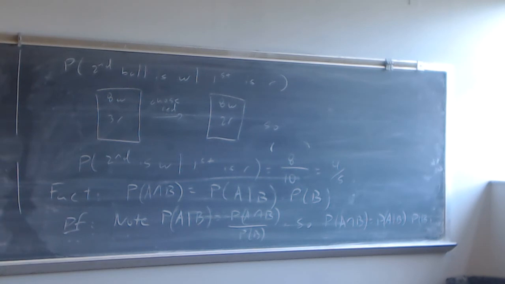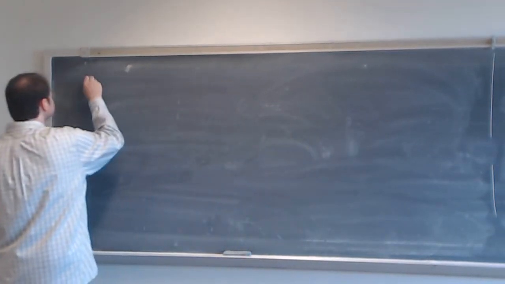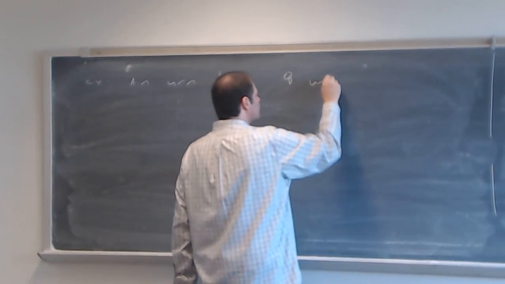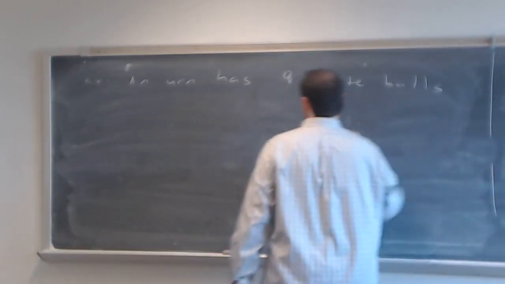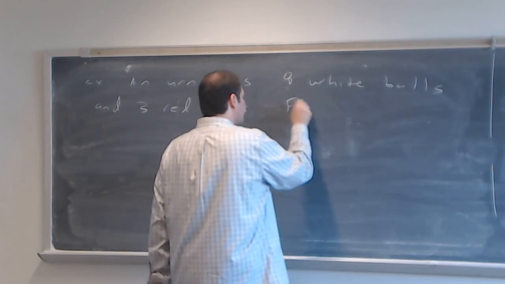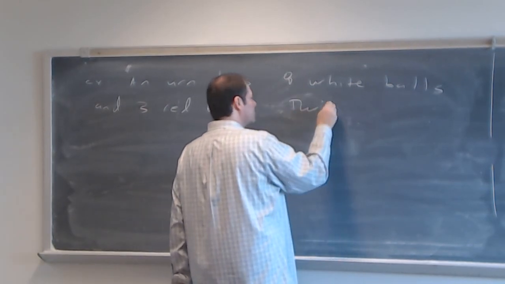Okay. Let me do one example and then we'll call it quits. As an example, let's say an urn has 8 white balls and 3 red balls. 2 balls are selected at random without replacement.